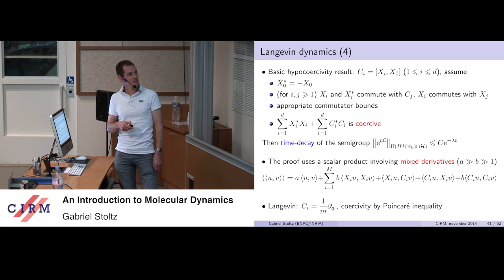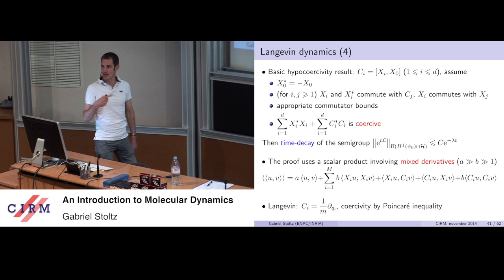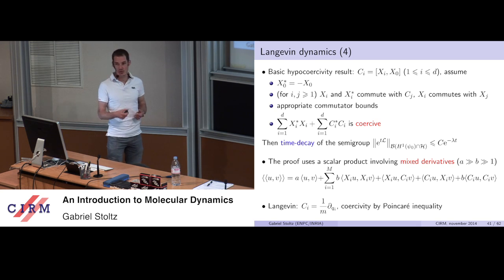For the Langevin dynamics, a simple computation shows that it's the derivative in qi. So Xi is the derivative in p, Ci is the derivative in q. And so a very important assumption for hypocoercivity is that this operator is coercive. Here in our case it will be because you will essentially have some Laplacian in p plus some Laplacian in q. So really this commutator structure allows you to recover some Laplacian in the variables which are not driven by the noise.